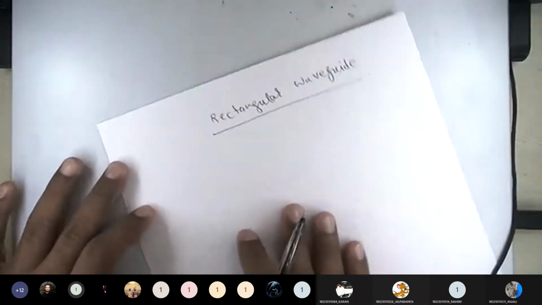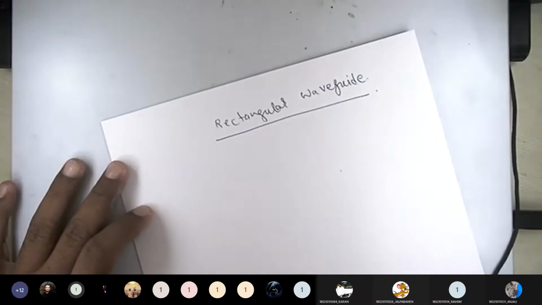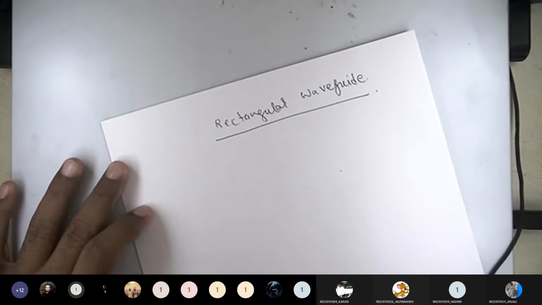Hello? Can you see the screen clearly? Yes, sir. And is it on the right side? It isn't flipped and appearing upside down or anything, is it?